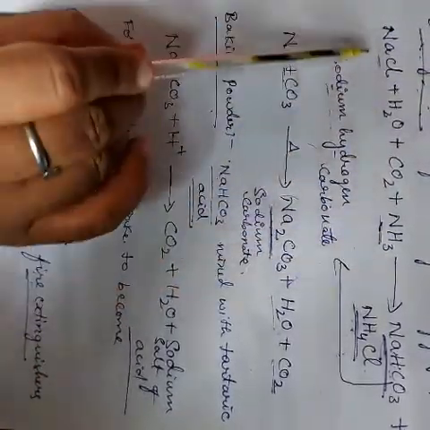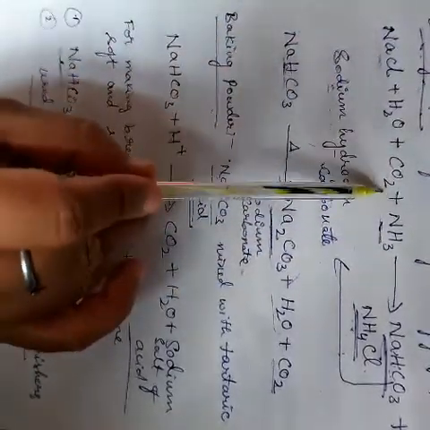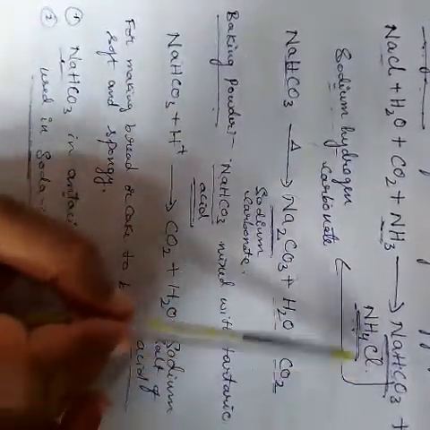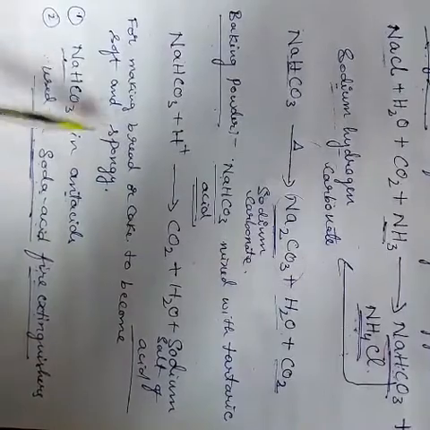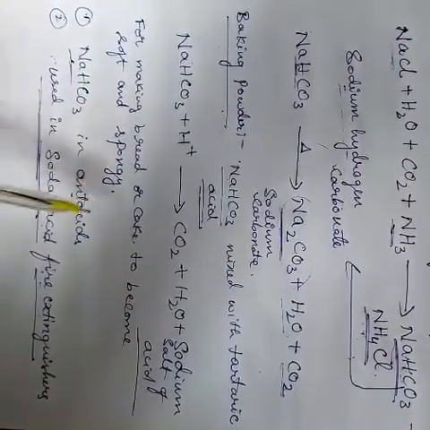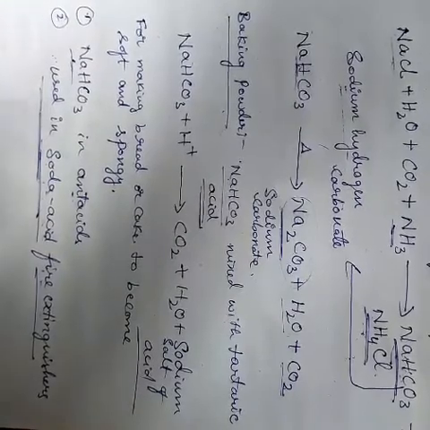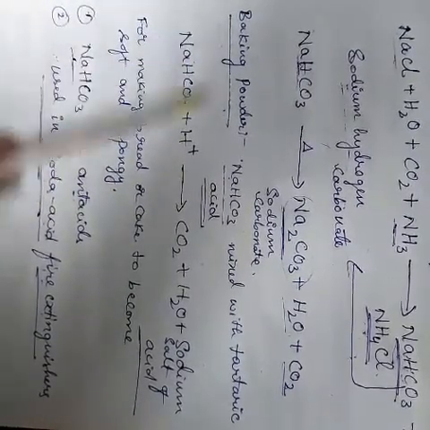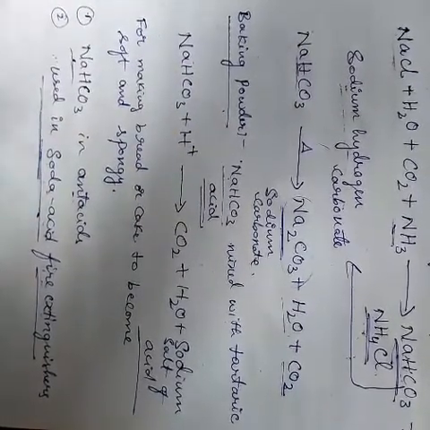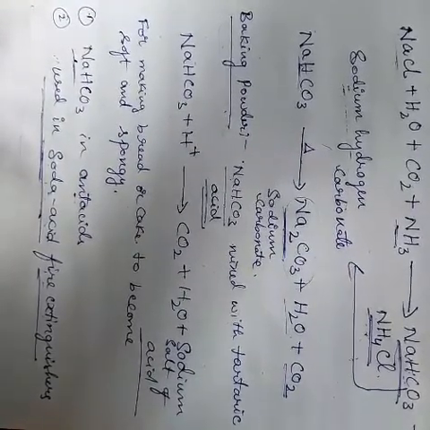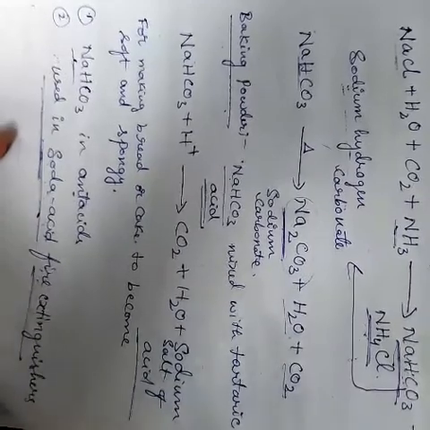And then you write down the equation: NaCl plus H2O plus CO2 plus NH3 gives NaHCO3 plus NH4Cl. This is the topic of formation of baking soda, its uses, and formation of baking powder and its uses.